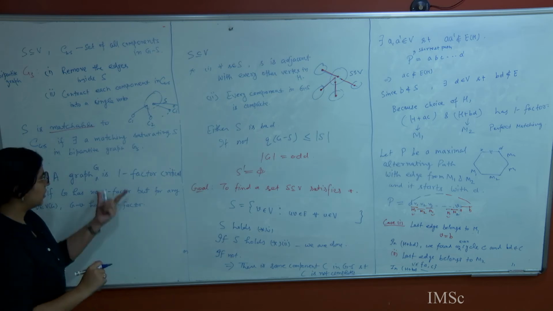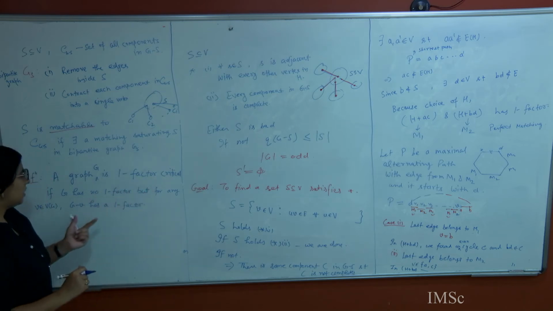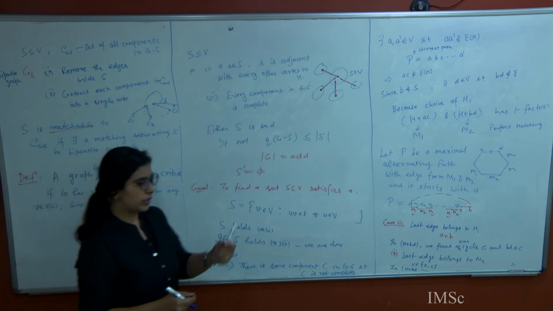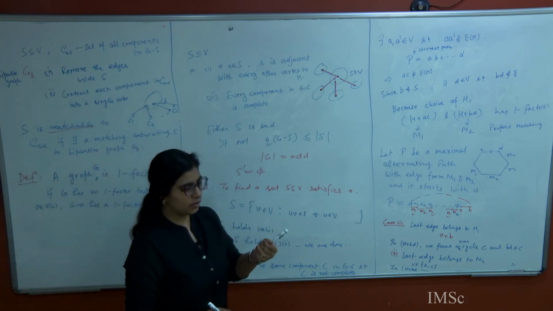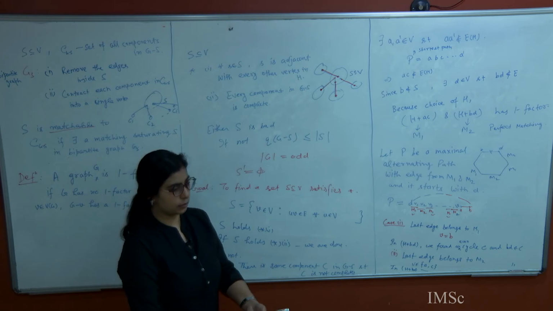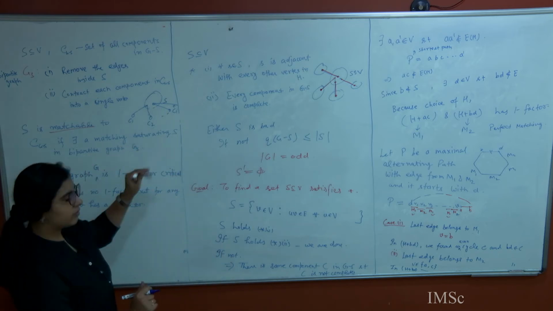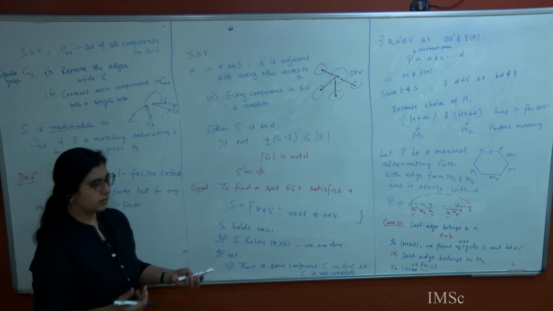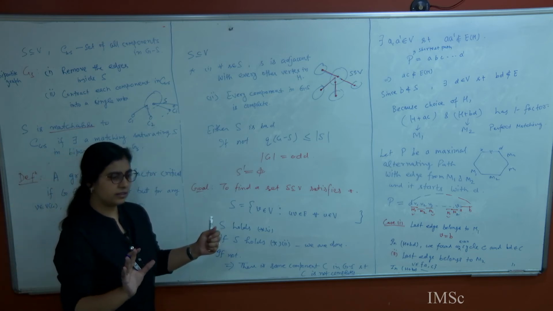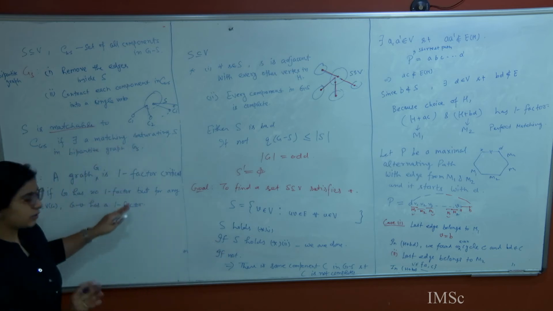So a graph is called one factor critical if G has no one factor, but if I remove any vertex from the graph, then the remaining graph has a one factor. Basically this one factor critical graph has odd cardinality.